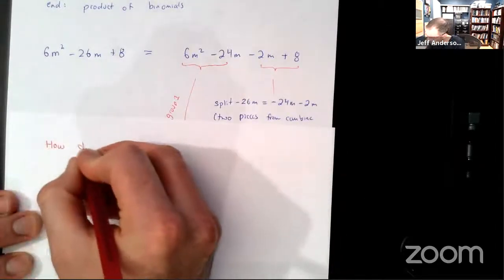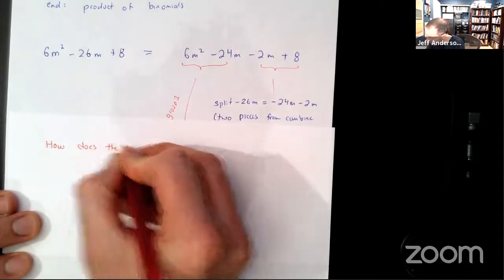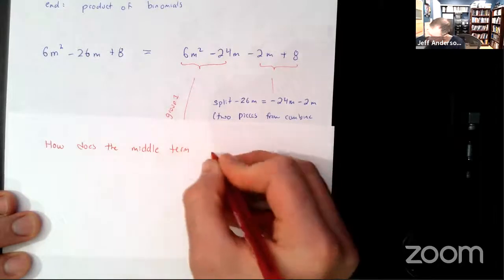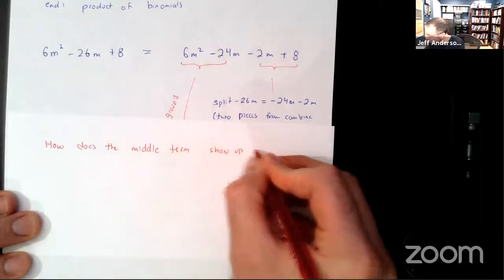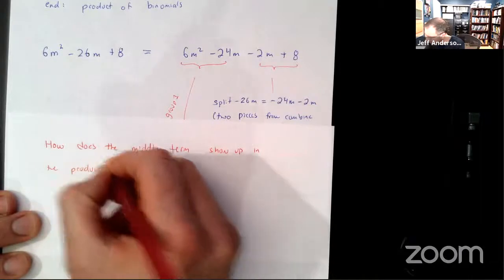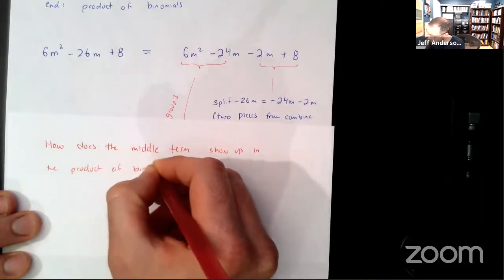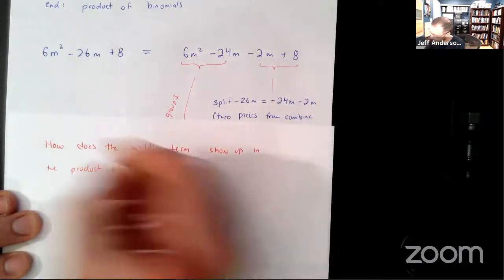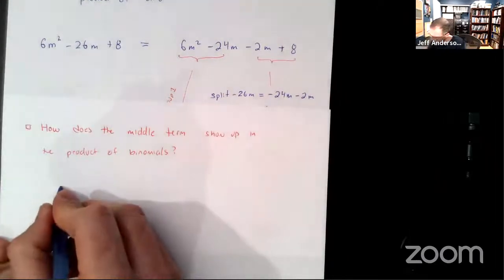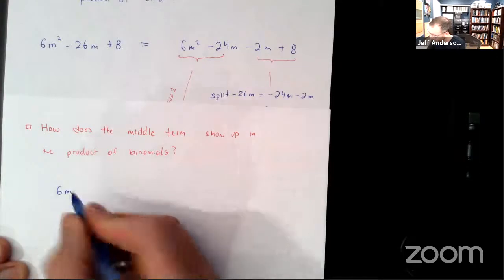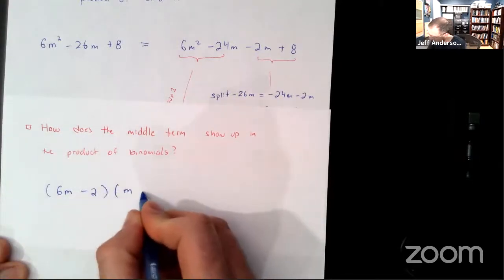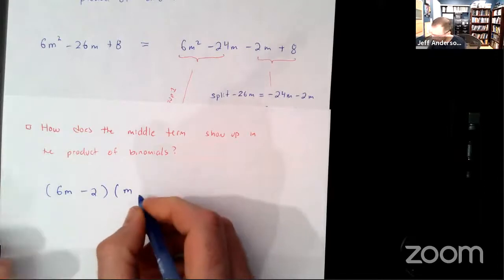How does the middle term show up in the product of binomials? So when I thought about 6m, in this case, it was 6m minus 2, and then m minus 4.